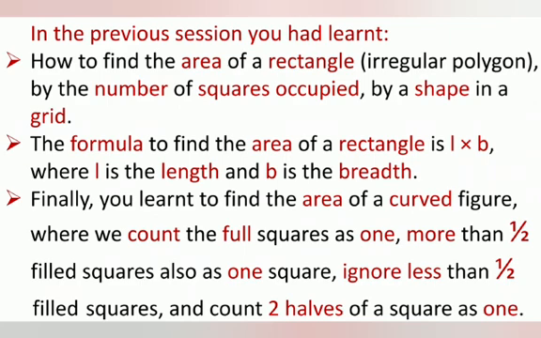Finally, you learned to find the area of a curved figure, where we count the full squares as 1, more than half filled squares also as 1 square, ignore less than half filled squares, and count 2 halves of a square as 1 square.